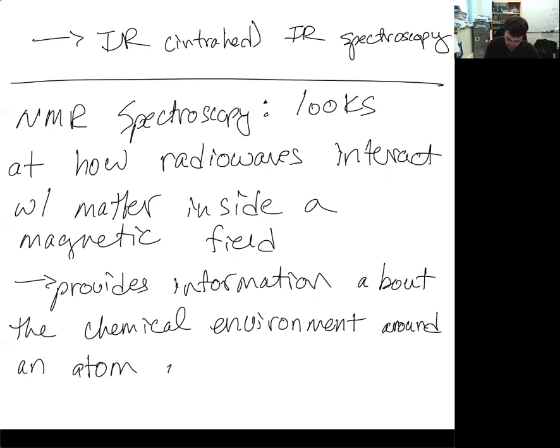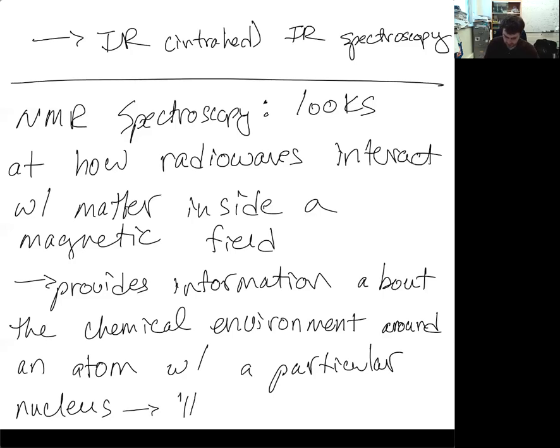And it's an atom with a particular nucleus. So it's not every atom necessarily. You have to tune the NMR spectroscopy instrumentation for a particular nucleus, like 1H, the hydrogen isotope with 0 neutrons, carbon 13, fluorine 19, and phosphorus 31, and importantly, N15.